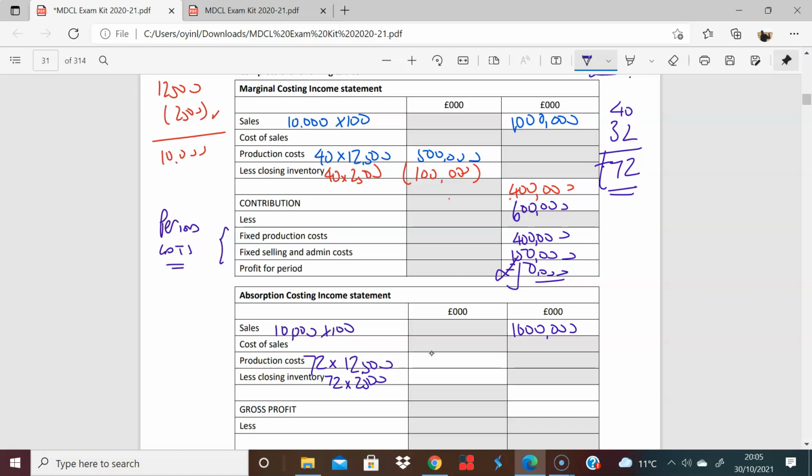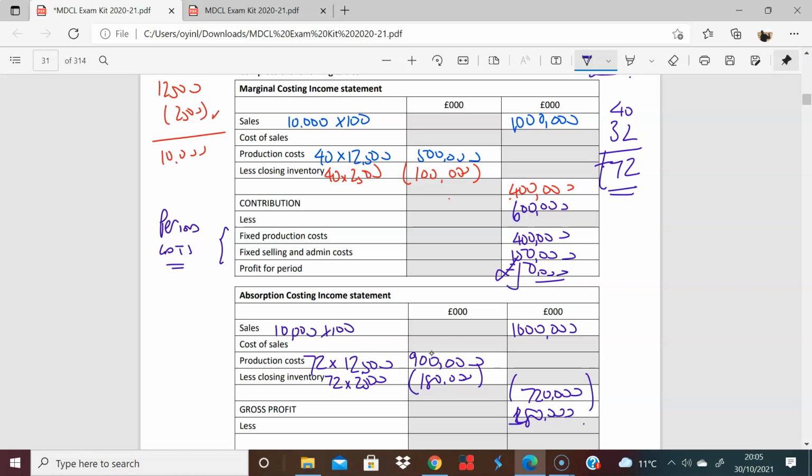We will have 72 times 12,500, which takes us to 900,000, and then less 72 times 2,500, which is 180,000, giving us a cost of sales of 720,000, and therefore a gross profit of 280,000 pounds.